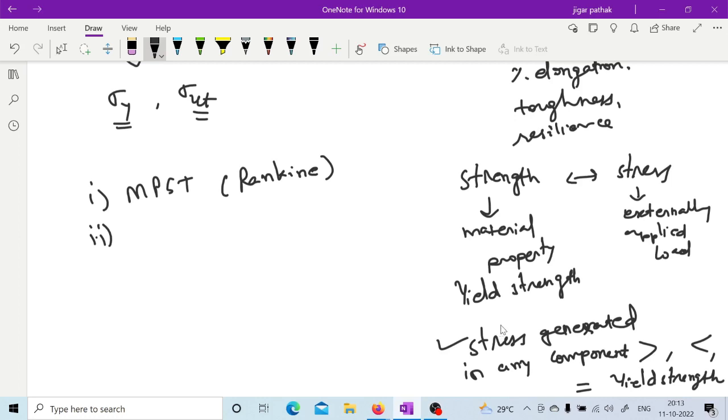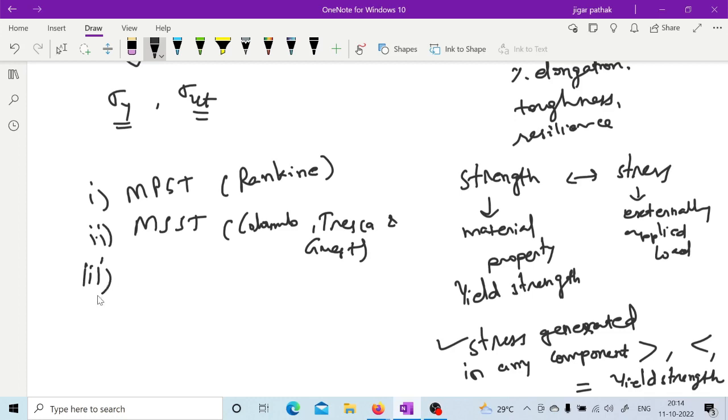Now after this, there are various theories of failure: the maximum principal stress theory, then the maximum shear stress theory, known as Coulomb, Tresca, and Guest.